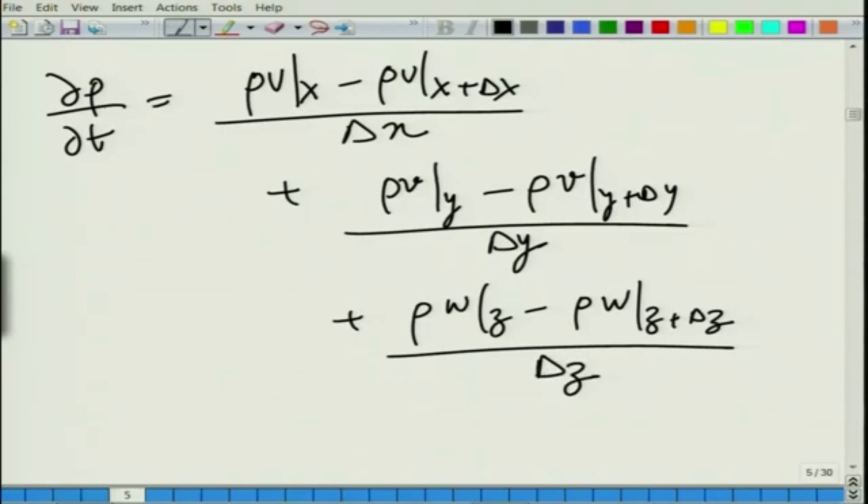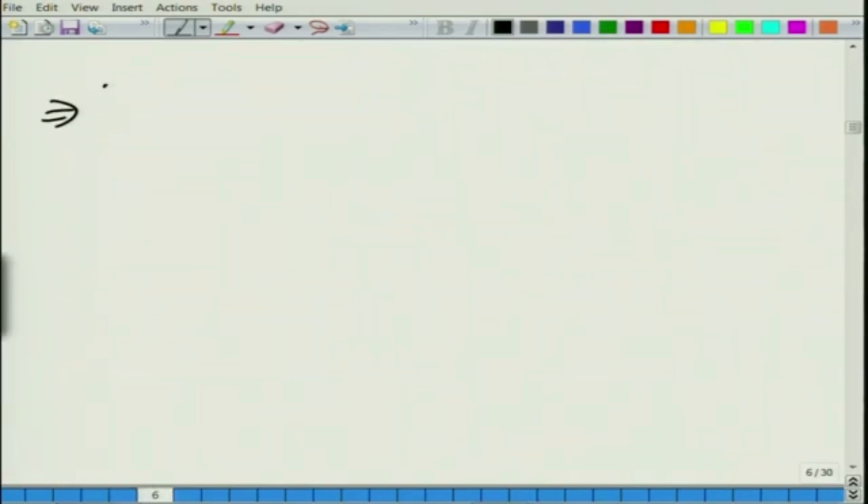Now, this is nothing but the partial derivative with respect to the following. So, let me use another slide, and what we will get is basically del rho u by del x.